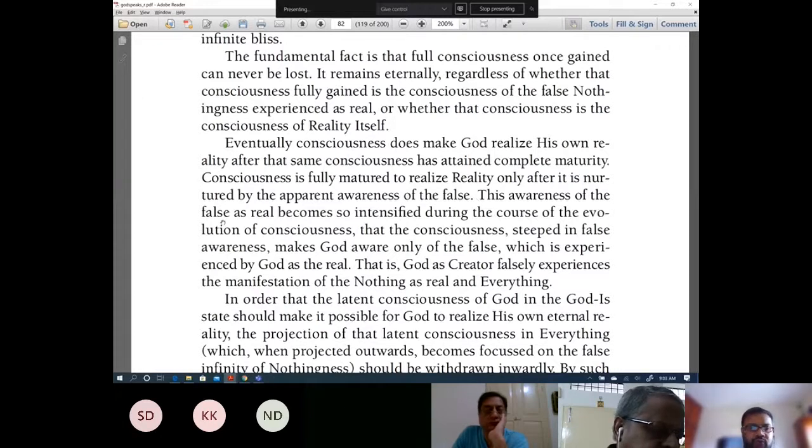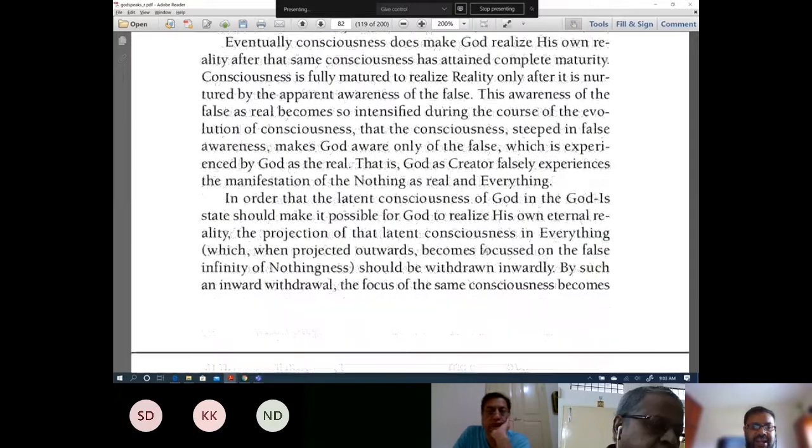This awareness of the false as real becomes so intensified during the course of the evolution of consciousness that the consciousness steeped in false awareness makes God aware only of the false, which is experienced by God as the real. That is, God, as creator, falsely experiences the manifestation of the nothing as real and everything.